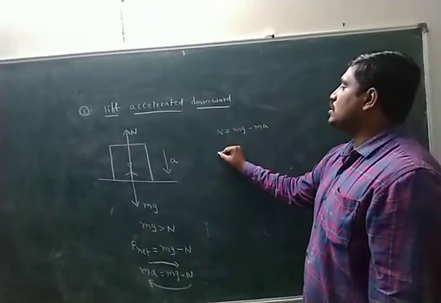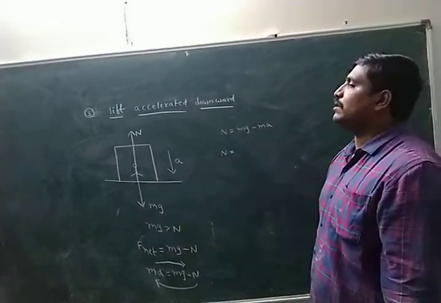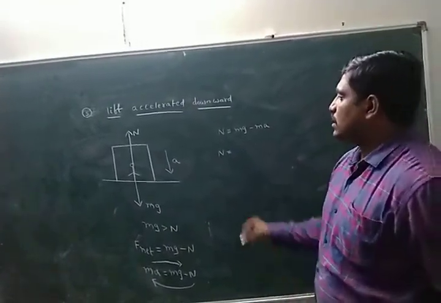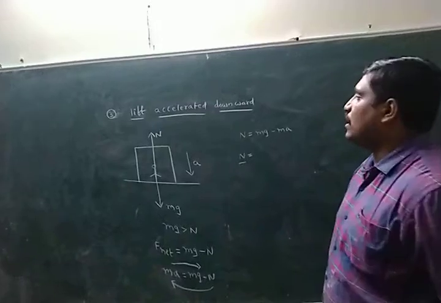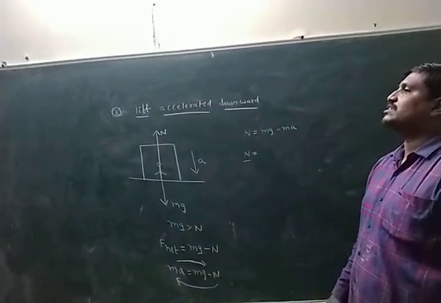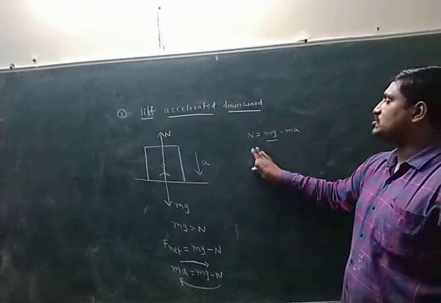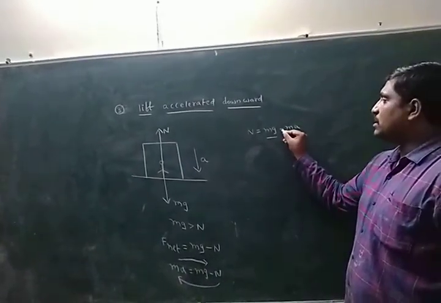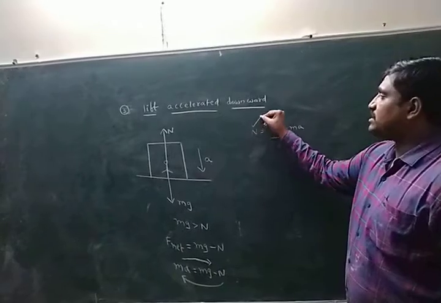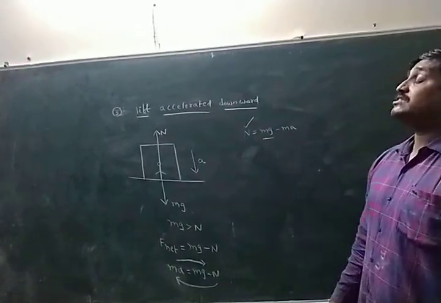Here N is called normal reaction. This normal reaction is also called apparent weight. mg is called actual weight. Minus indicates the person feels less weight.